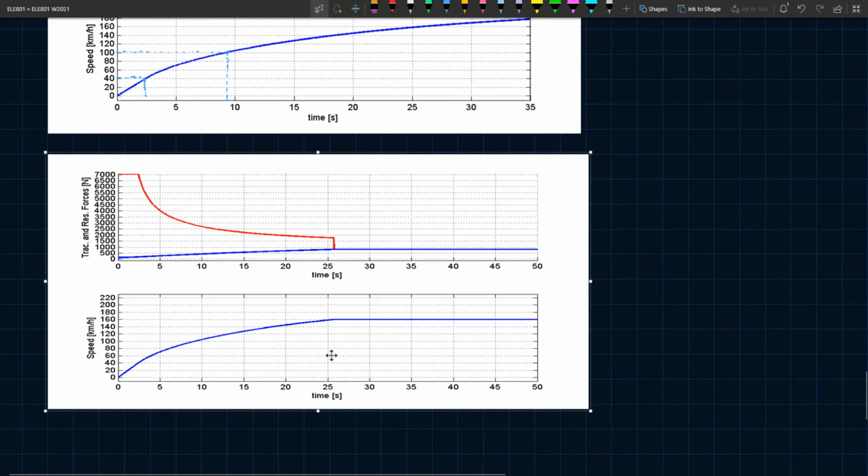Then we realize that around 25, we've hit 160, and then you'll see all of a sudden the tractive force drops to be equal to the resistive force. And since the speed becomes constant, the resistive force becomes constant, and the tractive force is constant because we're forcing it to be that value. And we're at a speed of 160 and we're constant there.